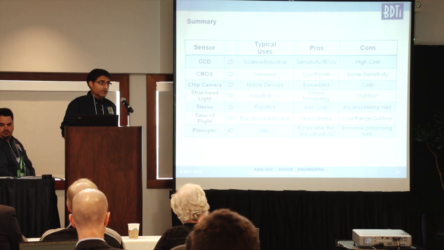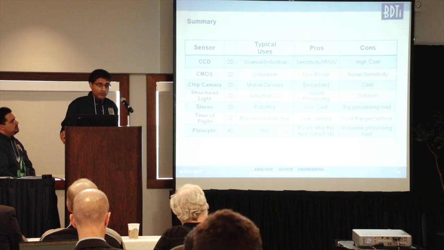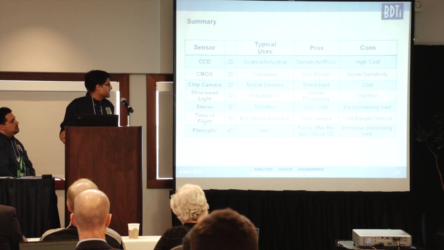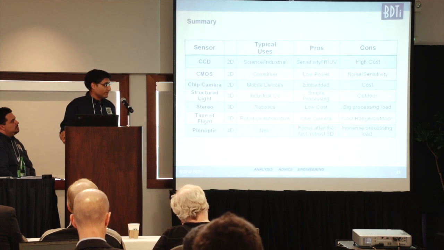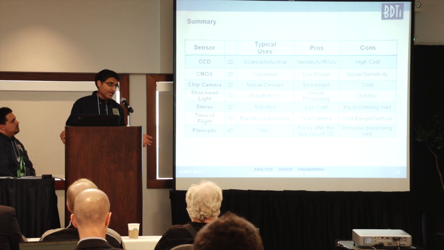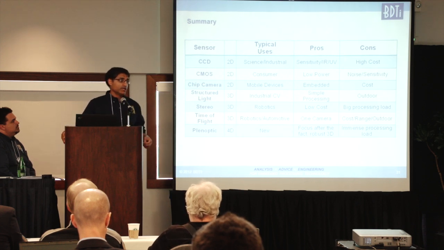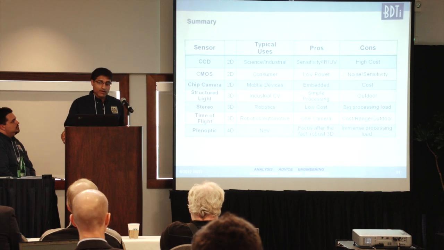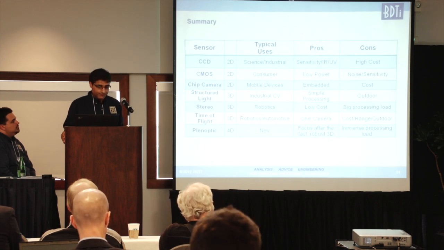The chip cam, which is found in all of your tablets, mobile devices, and smartphones, is nicely packaged together and embedded, and a lot of stuff is done for you. They cost more, but remember that cost is offset by the fact that they include the image signal processor, the ISP, which does a lot of work to clean up the image, the auto gain and the autofocus and all those niceties.